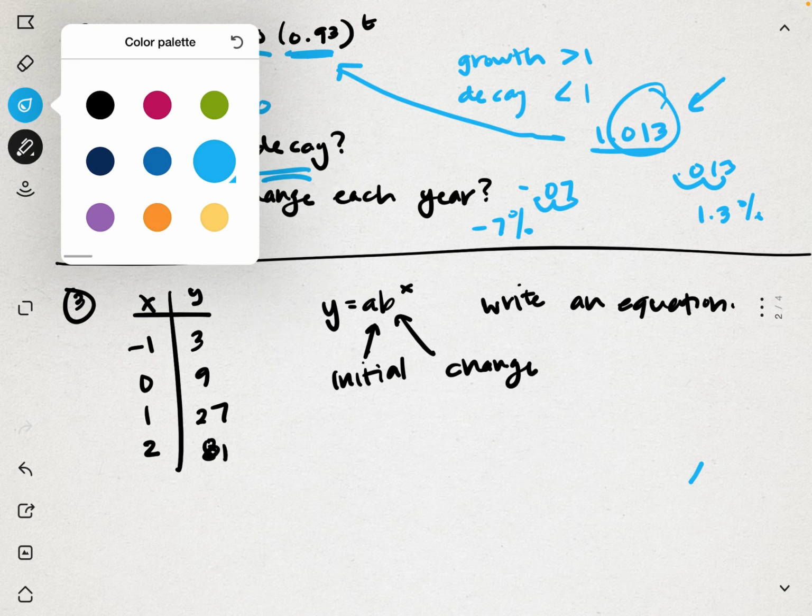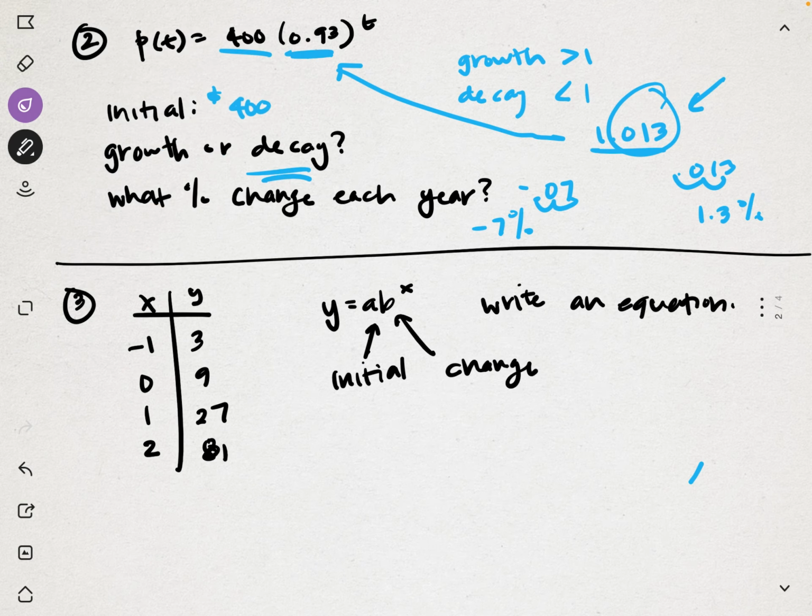Let's change colors here. We have a table and it's asking us to write an equation. So the important parts, when we know that we have an exponential function, first of all, we know we have an exponential function if it's changing by multiplying or dividing each time. So notice here we're multiplying by 3 each time.